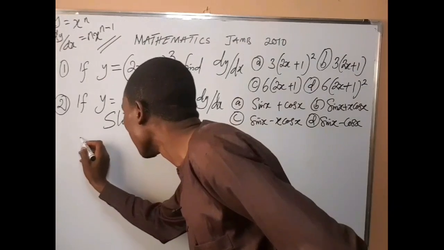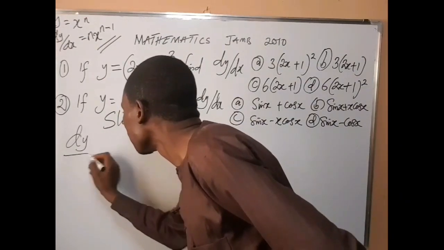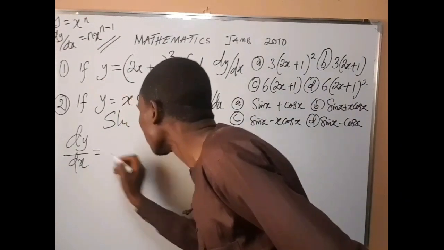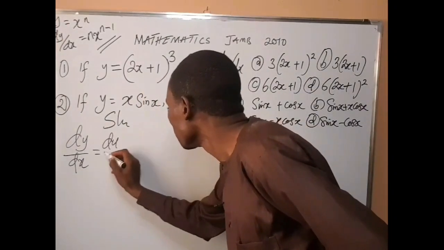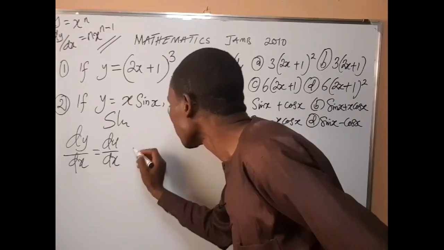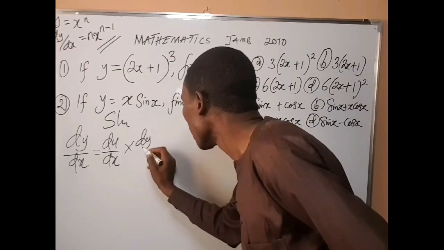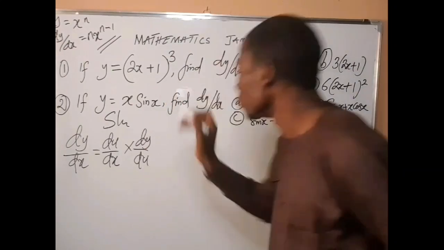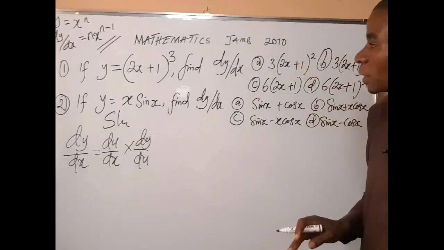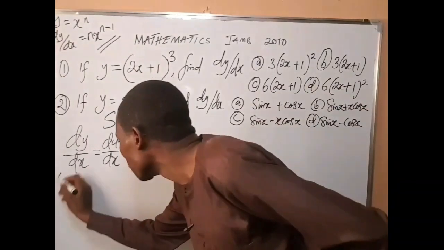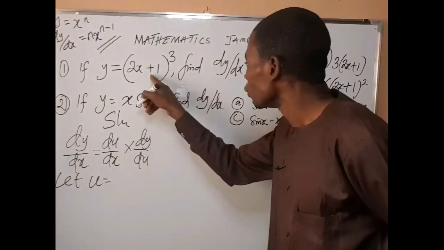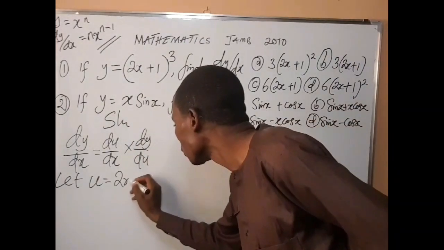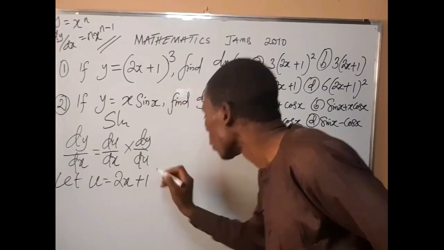Chain rule says dy/dx is equal to du/dx times dy/du. This is a chain rule. Okay, so what is our u? We can say let u be equal to the number inside the bracket, that is 2x plus 1.